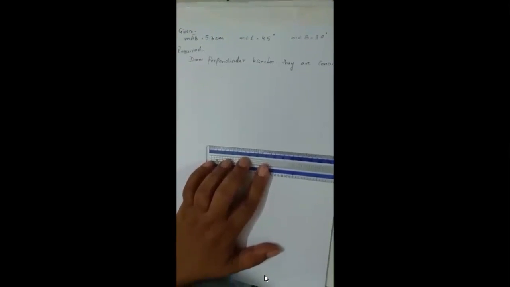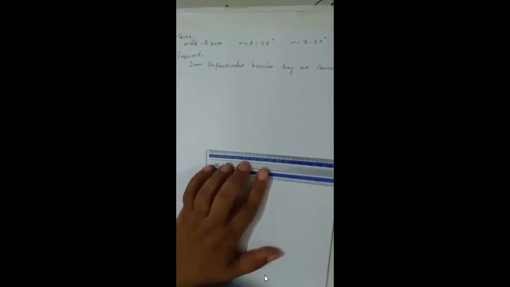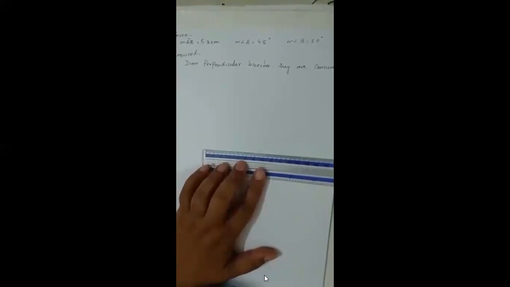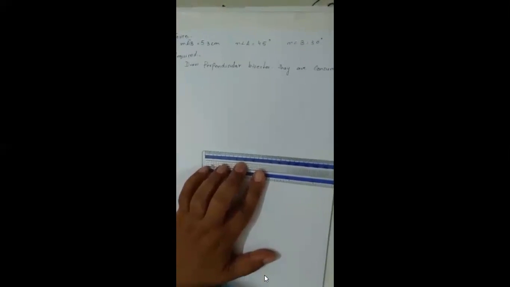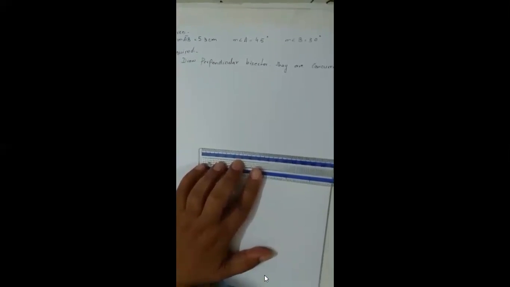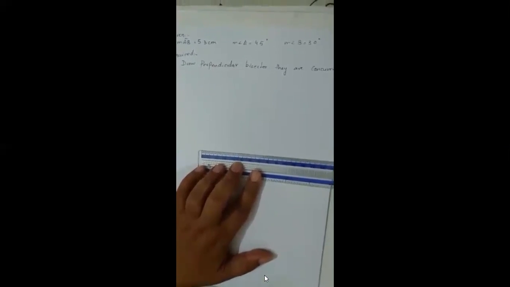For an obtuse angle triangle, in which one angle is greater than 90 degrees, the point of concurrency will be outside the triangle. In each case you must mention whether the perpendicular bisectors meet inside or outside the triangle.